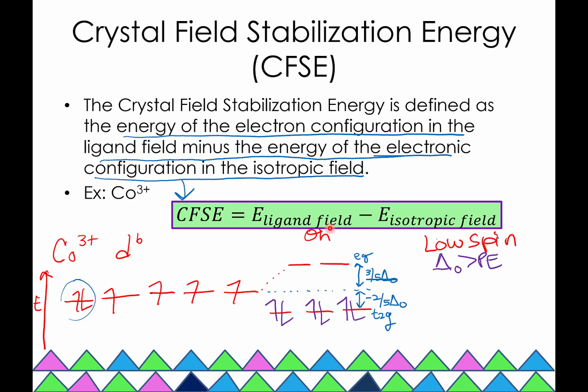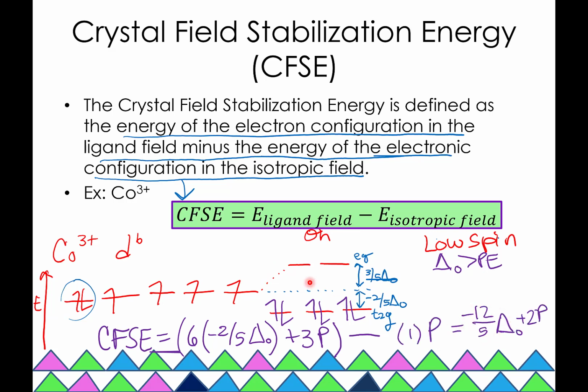So in this case, crystal field stabilization energy, you take the energy of the ligand field, so that would be 6 electrons times -2/5 delta octahedral. We don't have any electrons in the eg orbital, but we do have 3 pairs. So we need to add on those 3 pairing energies and then subtract off energy for the isotropic field where we have 1 pair.